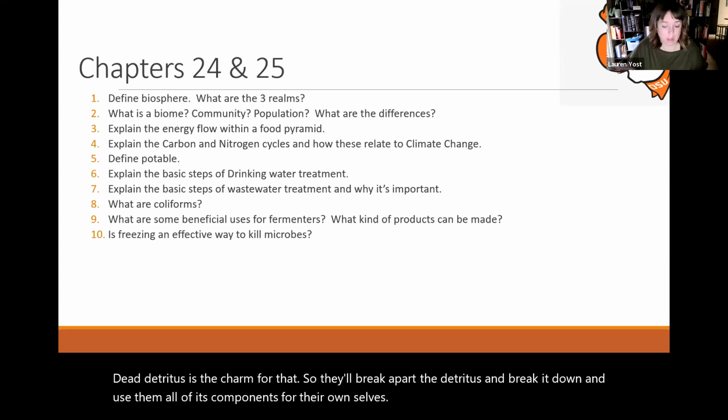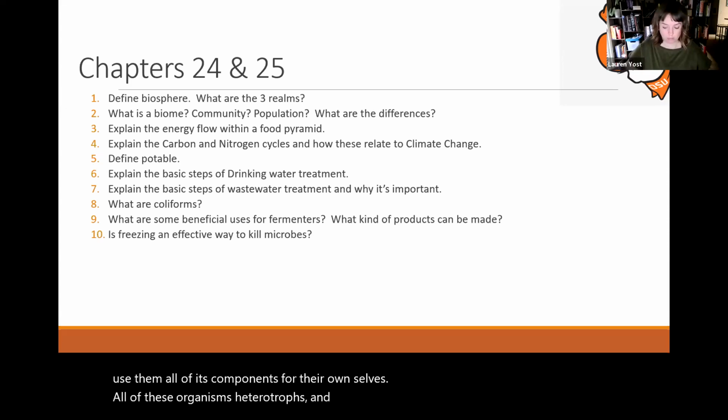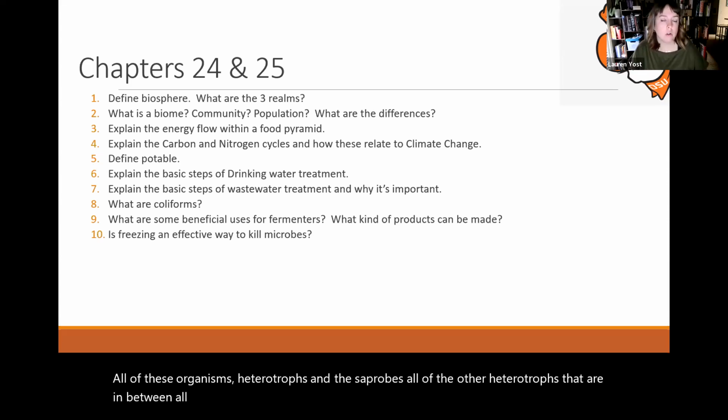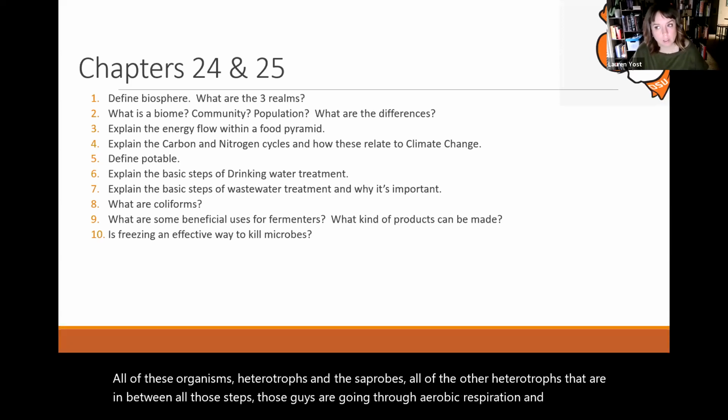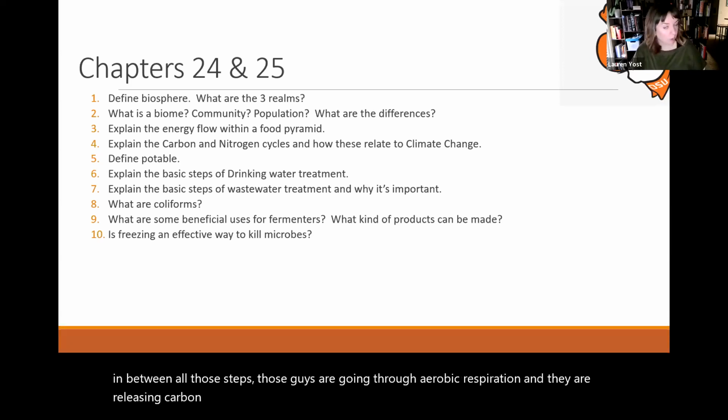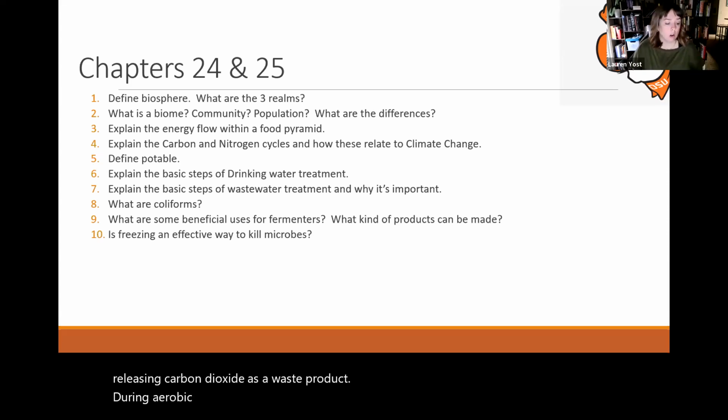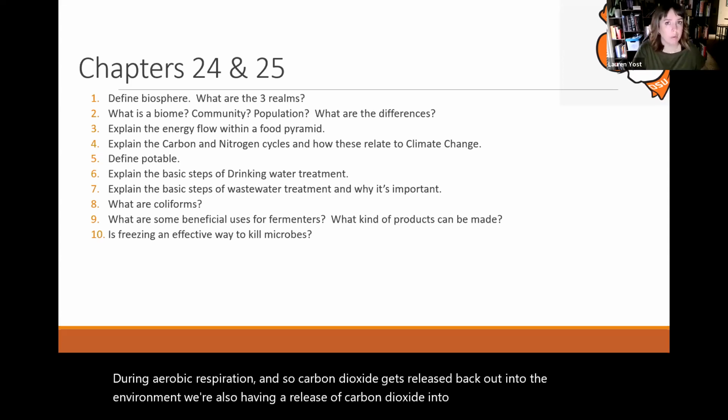All of these organisms, the heterotrophs and the saprobes, all of the other heterotrophs that are in between all those steps, those guys are going through aerobic respiration. And they are releasing carbon dioxide as a waste product during aerobic respiration. And so carbon dioxide gets released back out into the environment. We're also having a release of carbon dioxide into the environment from the environment itself.